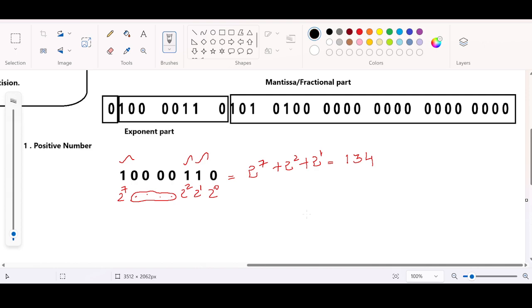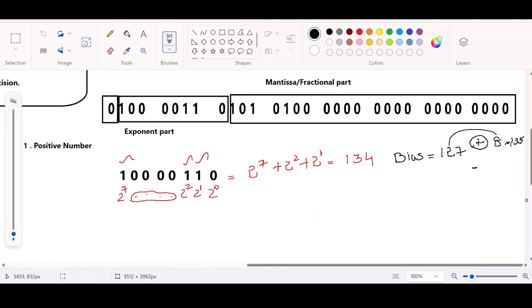Yesterday we also understood a concept called bias. The value of bias is 127. And what else did we understand about bias? The exponent can be a positive number or it can be a negative number. If the exponent is a positive number, for example 8, you add 127 plus 8 and you get 135.